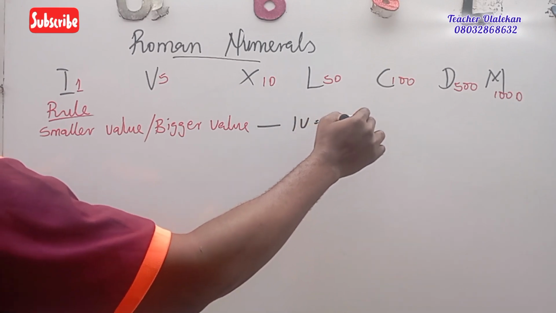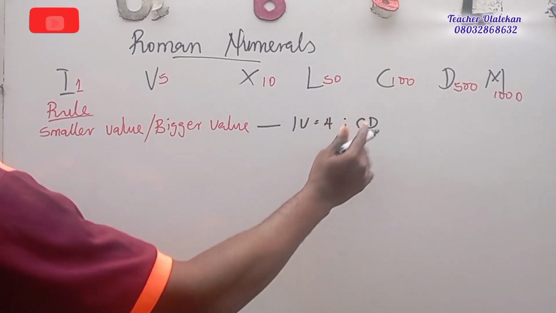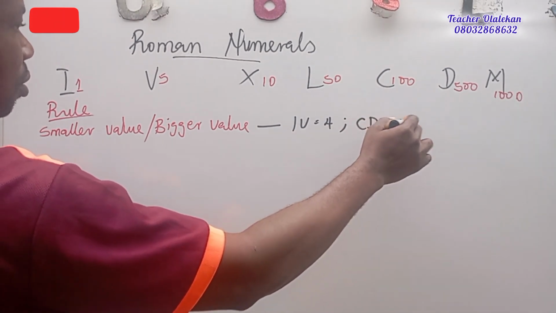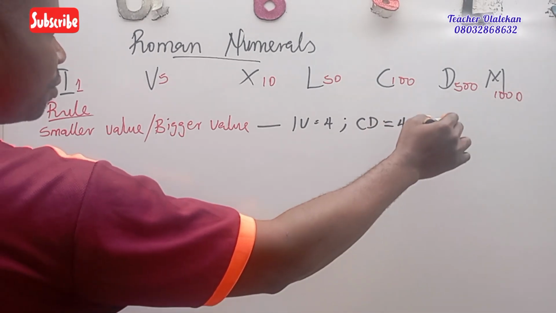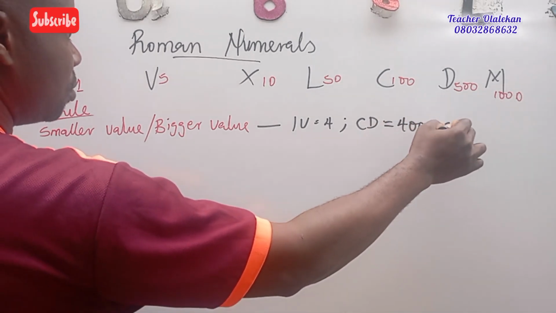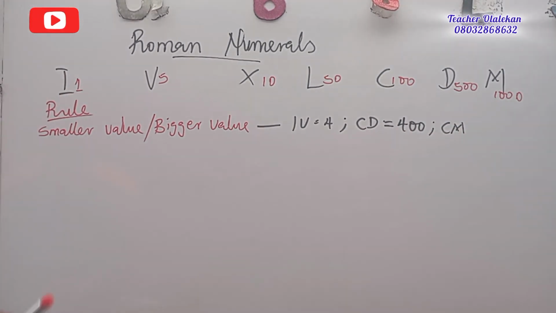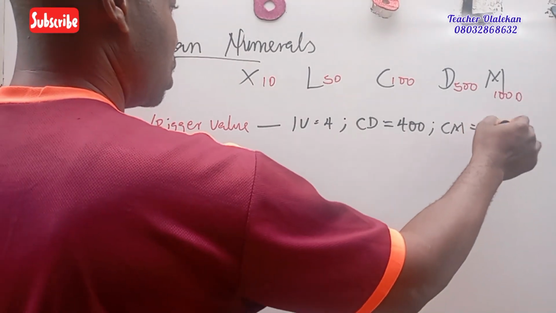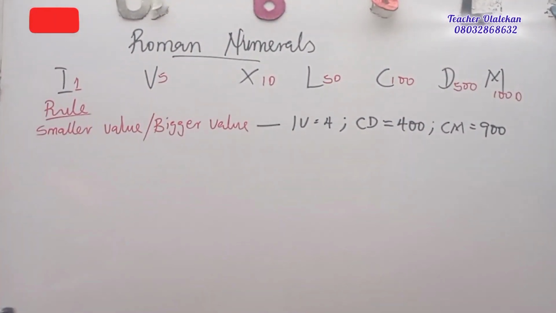In CD, it is 500 minus 100, which is 400. In CM, it is 1000 minus 100, which is 900. So that is the first rule.